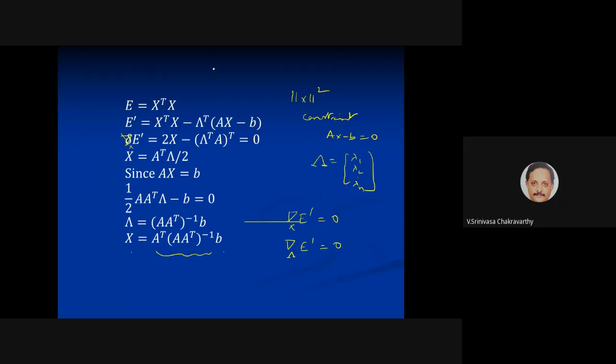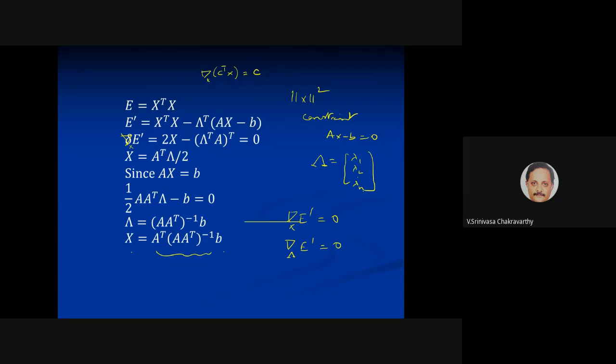You know that if you differentiate an expression like c transpose x, the answer is c, not c transpose. Similarly here you have Lambda transpose A times x, and the derivative of that will be A transpose Lambda. That will be equal to 0. So x becomes half of A transpose Lambda.